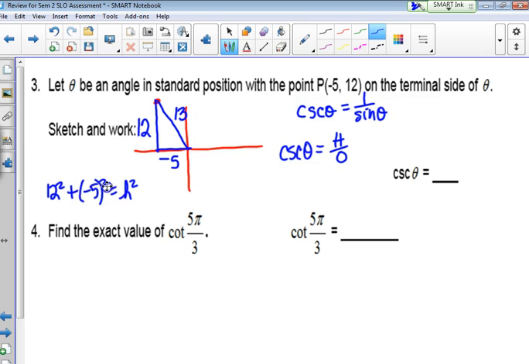Unless we forget the parentheses around the negative and then we get it wrong. All right, so hypotenuse over opposite. The angle theta is actually this angle, but its reference angle is here. So hypotenuse over opposite is just 13 over 12. Everybody okay?